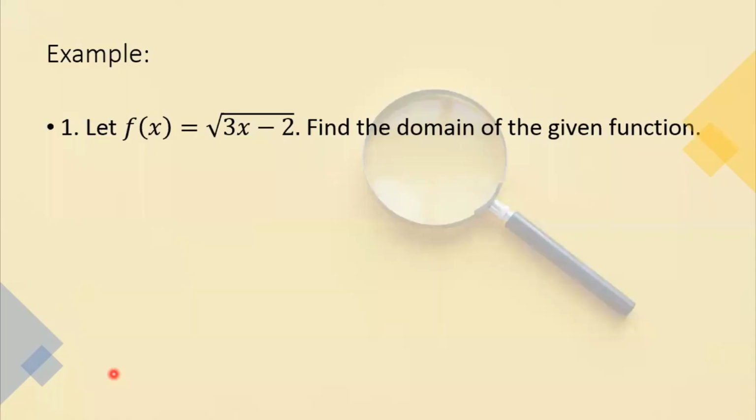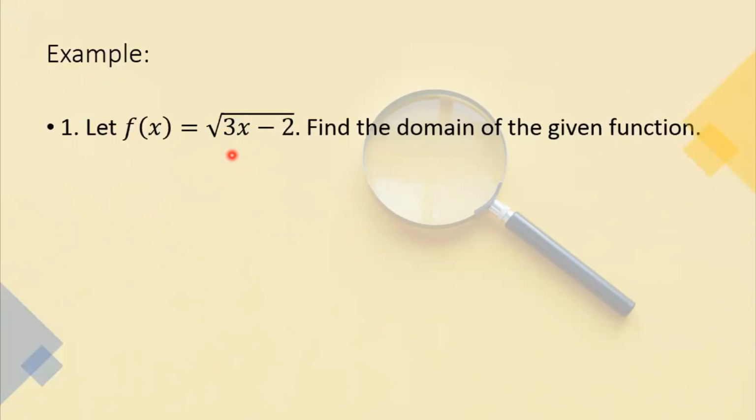Okay, to understand more, we have here an example on finding the domain of a given function. For example, let f of x be equal to the square root of 3x minus 2. Now find the domain of the given function. Again, we have to take note of the basic functions that we had earlier.